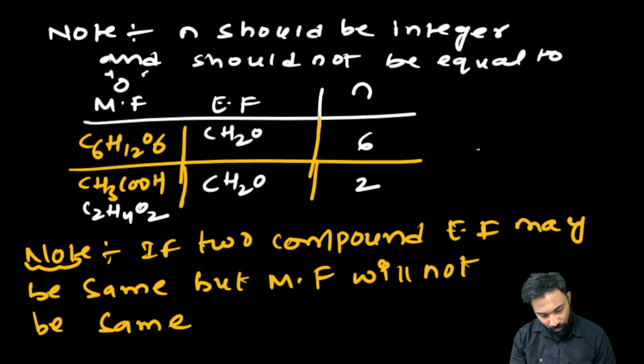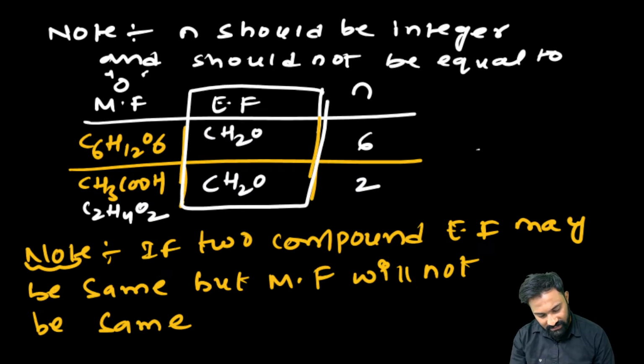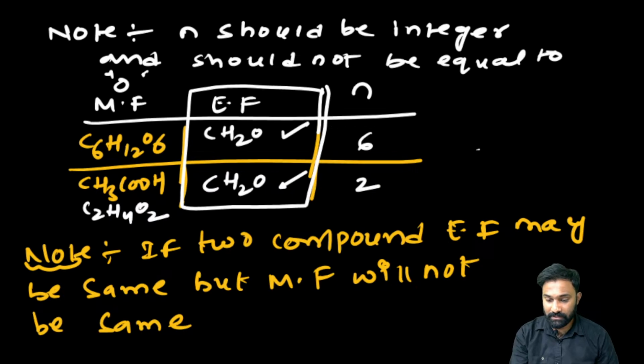Here you can see one is glucose, one is acetic acid. Glucose and acetic acid empirical formula is same, but molecular formulas are different. This is C6H12O6, this is CH3COOH. So for any two compounds, empirical formulas may be same, but molecular formula should not be same.